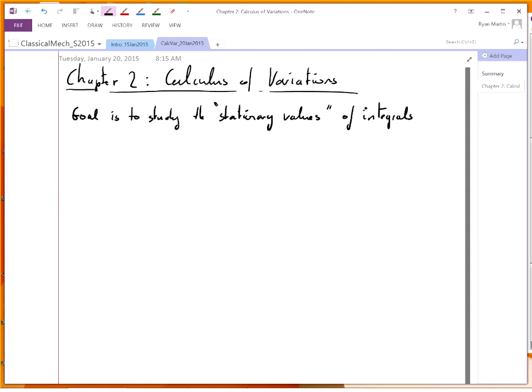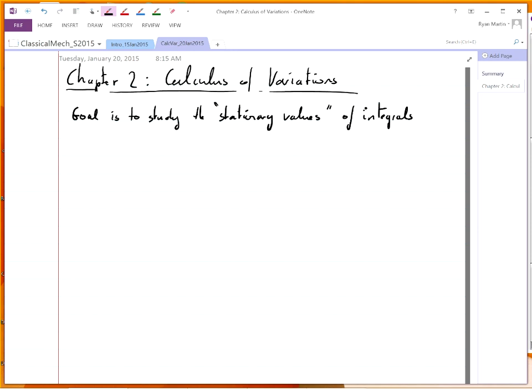If we study the stationary values of functions, that's called calculus. So the stationary value of a function, let's say you have a one-dimensional function, y equals f of x, then you know that if you look at points where the derivative is 0, we call that a stationary point. And then you can look at the second derivative, and you can find out if that's an inflection point, or a minimum, or a maximum.